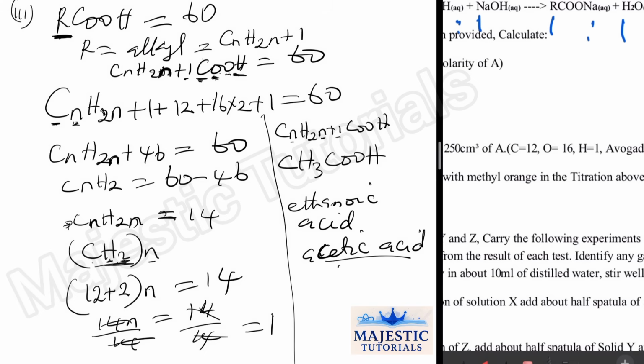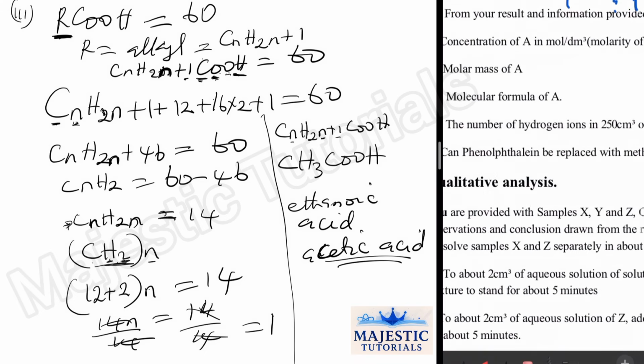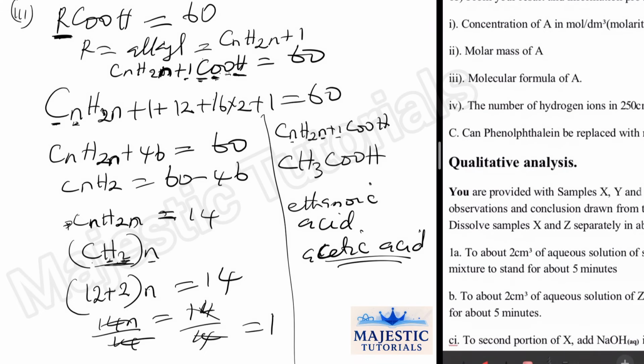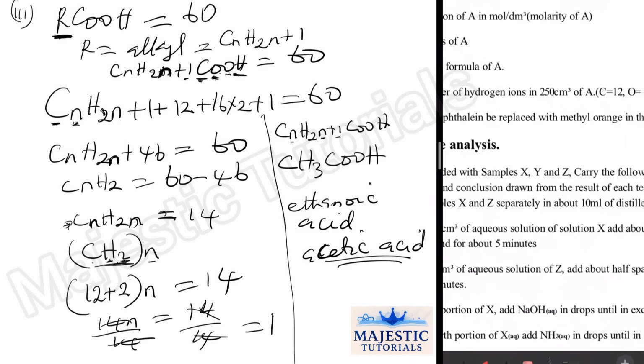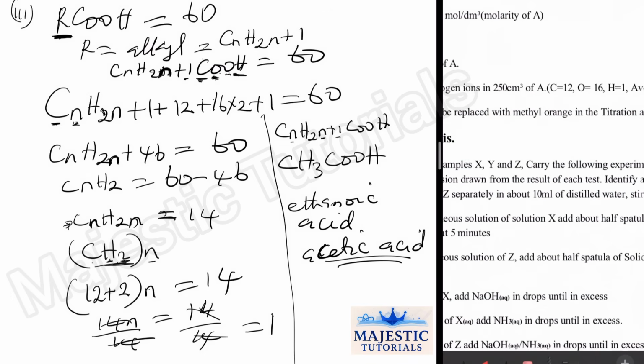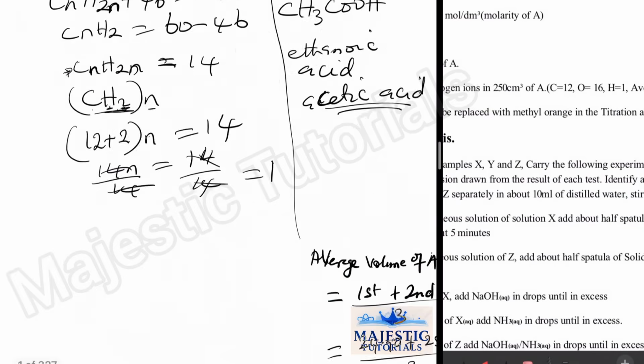Now they say the number of hydrogen ions in 250 cm³ of A. The number of hydrogen ions in 250 cm³ of A, that one is just in case.